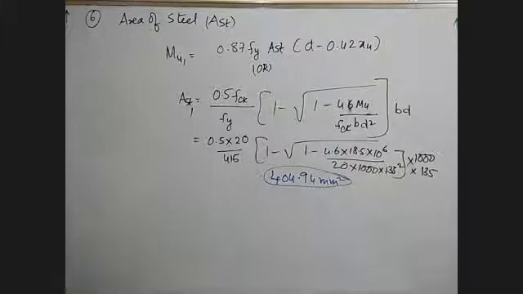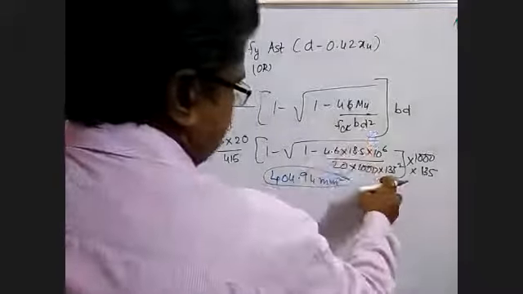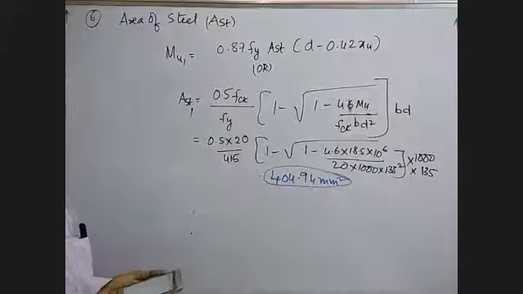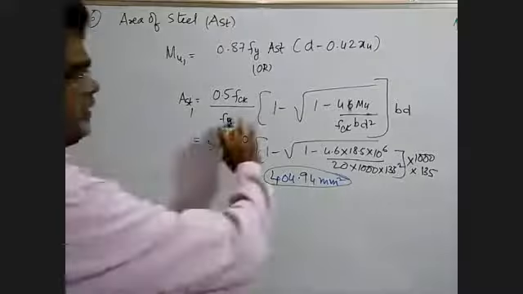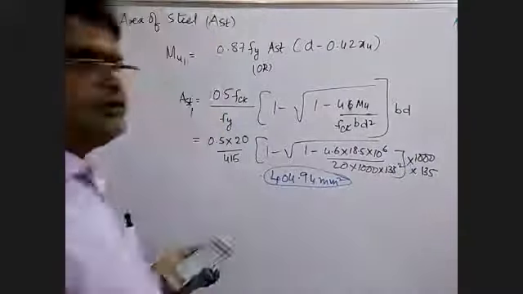Then only you will not commit mistakes in the examination. See here, I forgot to write the square here. The formula is correct, the substitution is correct, except this square, you'll get a wrong result.